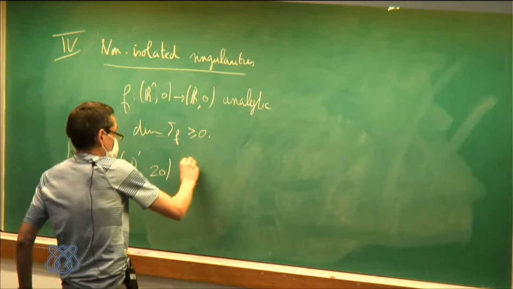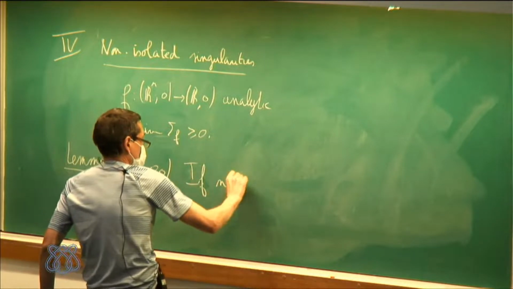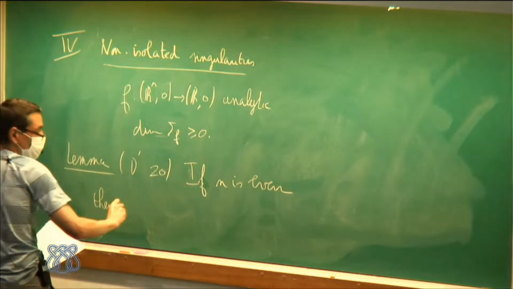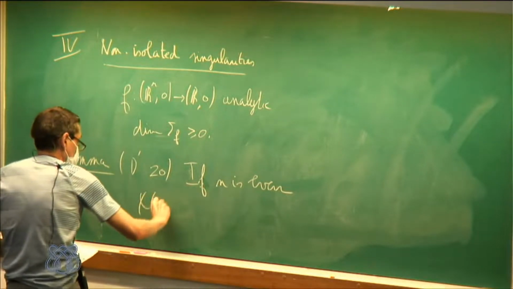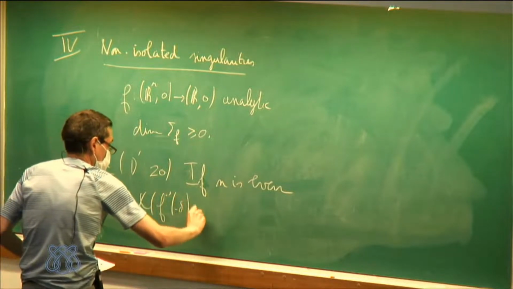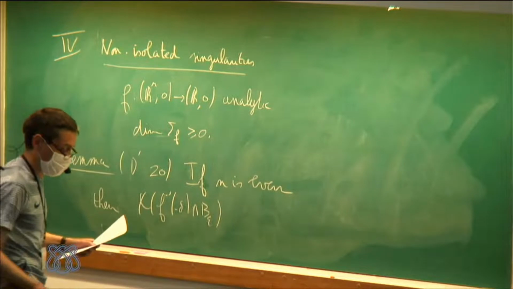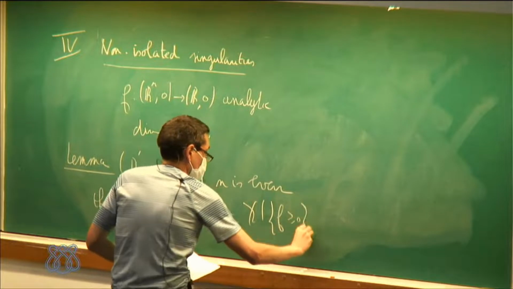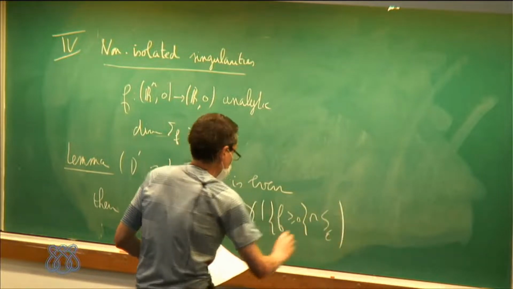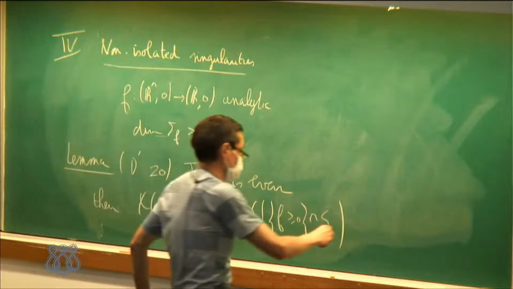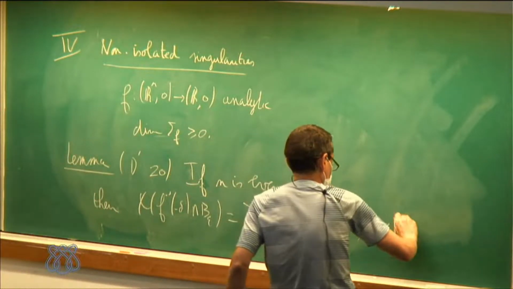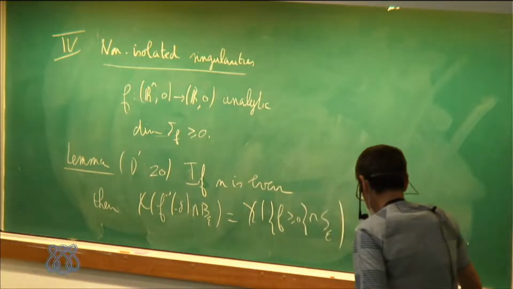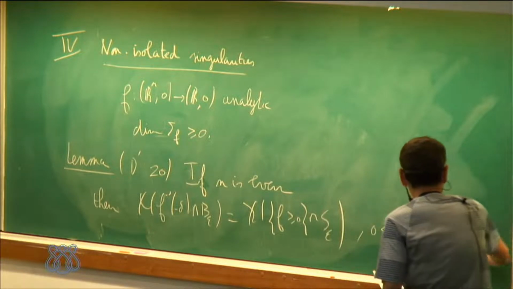So if n is even, then I can relate the Euler characteristic of the negative Milnor fiber of f to the characteristic of a link, namely the link of the positive part of f. Here delta is positive and small with respect to epsilon. So this is the case n even, and if n is odd, the formula is a bit different.